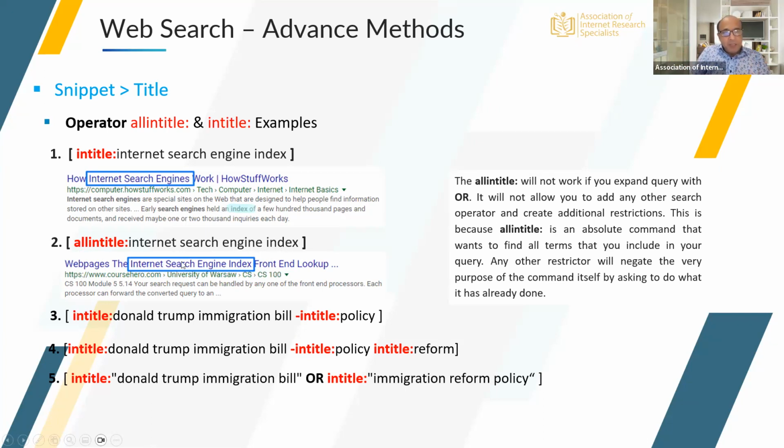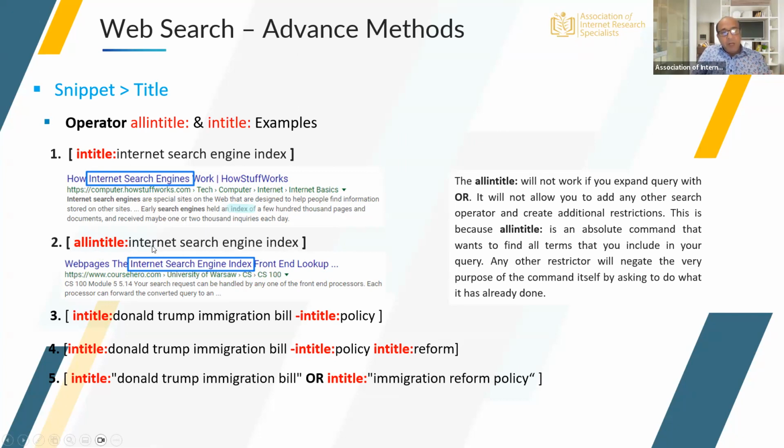But it is not necessary that the words search engine and index. Now I'm saying search engine and index, not talking about the word internet, which is hugging the colon sign. So 3 words, search engine and index, will be present, but may not be in the same sequence, where index can be part of it, search engine can be together, or engine can be separated, meaning that it does not necessarily keep the integrity of sequence in which it is put. That's what will happen with all in title.